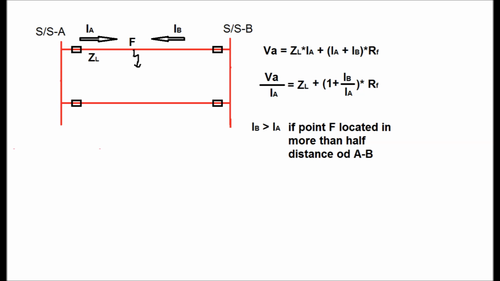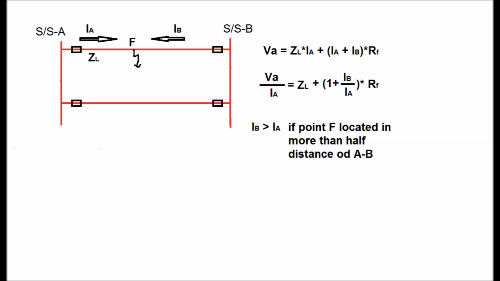Now between transmission line A and B there exist two circuits. In the upper circuit a fault occurs at point F, and the fault current fed from substation A is IA and the fault current fed from substation B is IB.